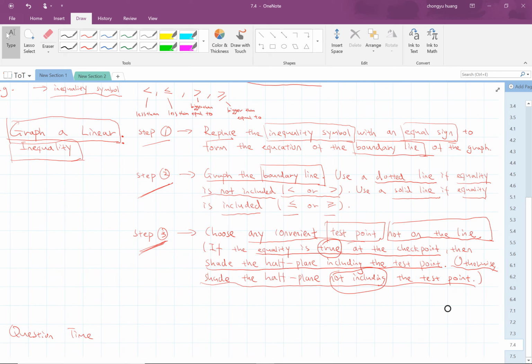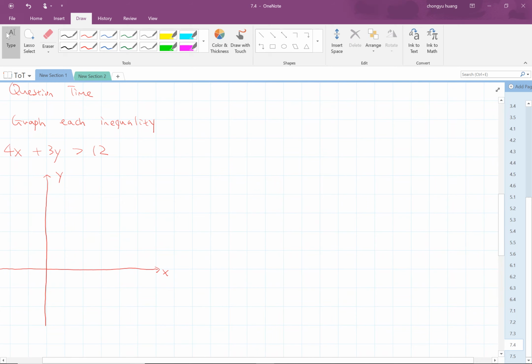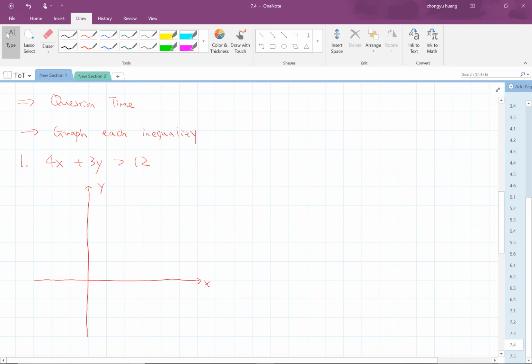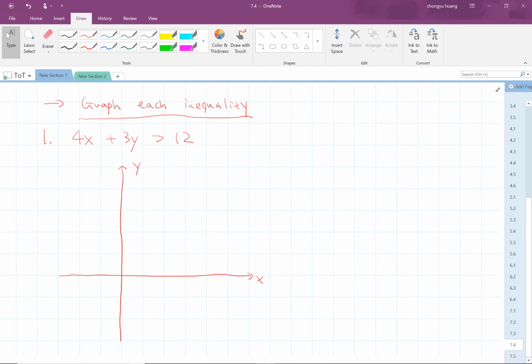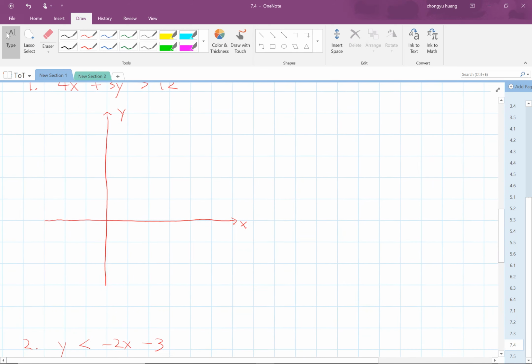So let's right away drop into the first problem. Here we want to graph each inequality. Let's move straight into it. I will show you guys how you can apply this method.